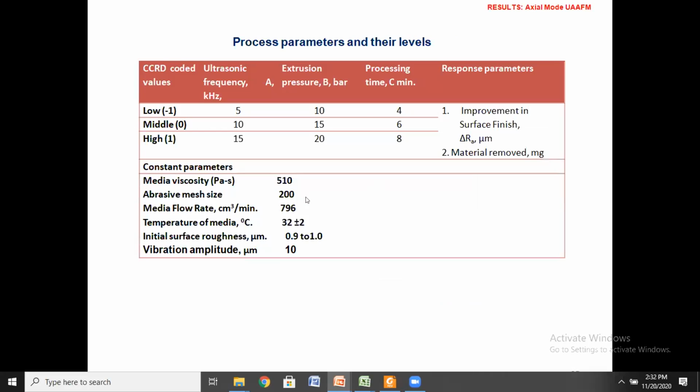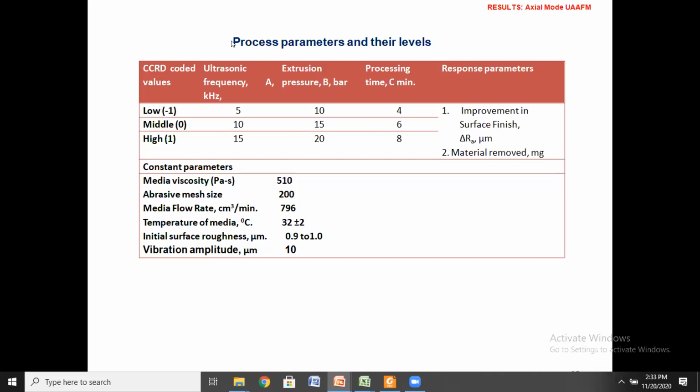I have to keep it constant because at 200 or 150 mesh size, it is giving better performance, and the trend for surface finish is not clear with increasing and decreasing mesh size. So I have screened this based on my phase one, and I took three parameters, say A, B, C: ultrasonic frequency, extrusion pressure, and processing time, with only three levels here again.